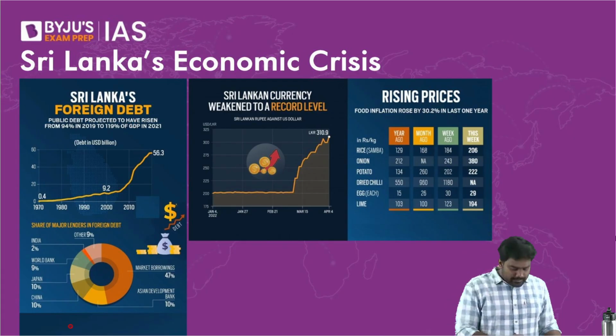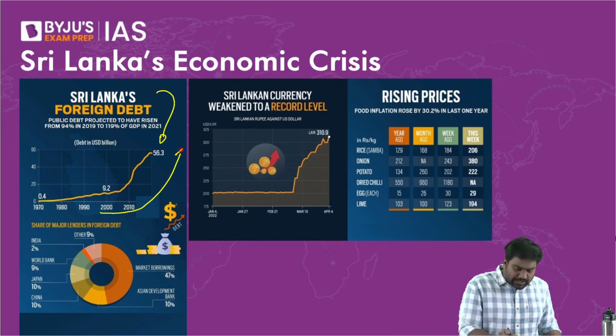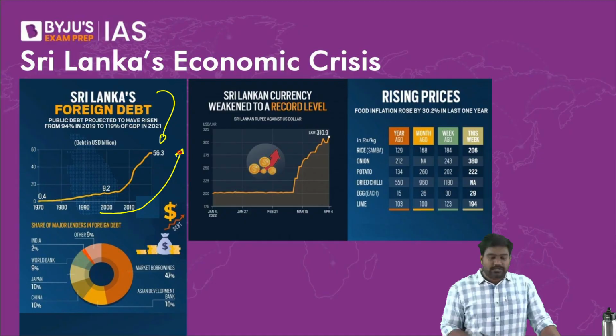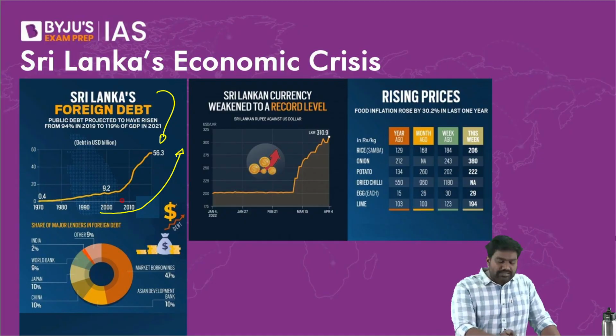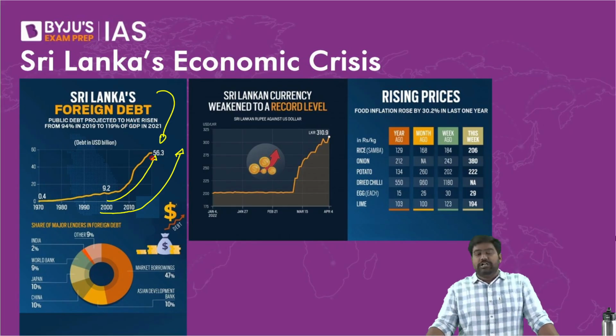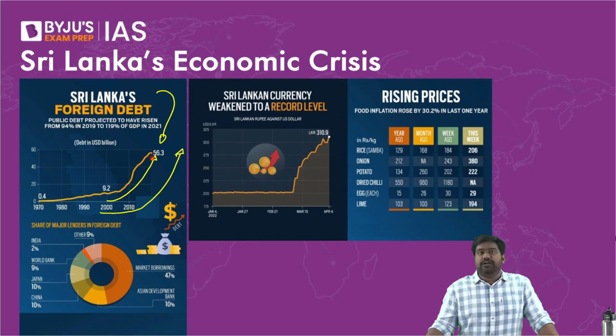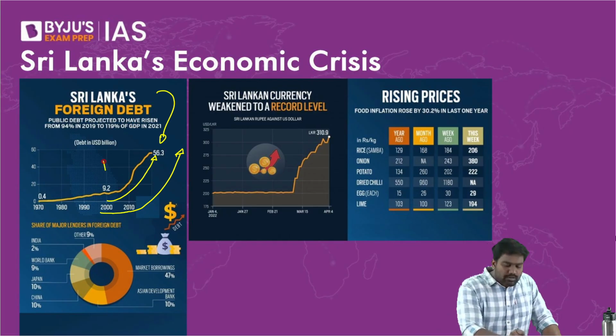Is that clear? Just look at this graph here. Its foreign debt, look at how it has grown exponentially. This is an exponential curve. In the last 20, 23 years, there has been unprecedented borrowing by Sri Lankan governments. All the previous governments of the last 20, 25 years have borrowed heavily, taken a lot of loans from the global market.